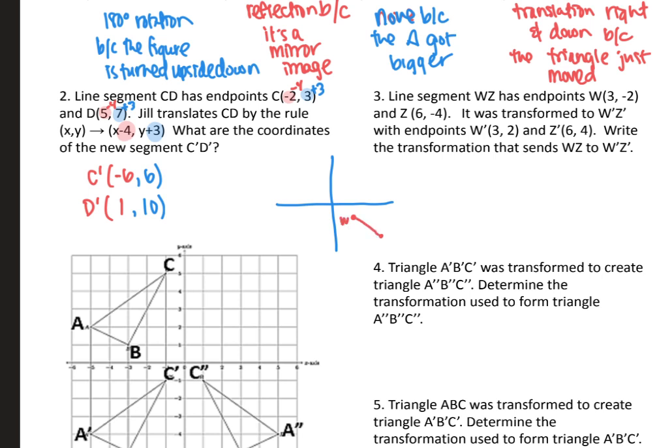So that's W, Z. And then it tells us that W prime is (3, 2) and Z prime is (6, 4). So when we sketch a picture here, we can see that this is actually a reflection over the x-axis. So remember, when the y-coordinate changes, it's a reflection over the x-axis.